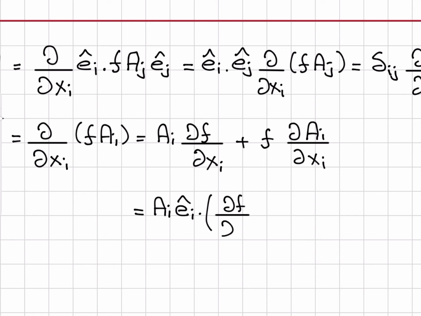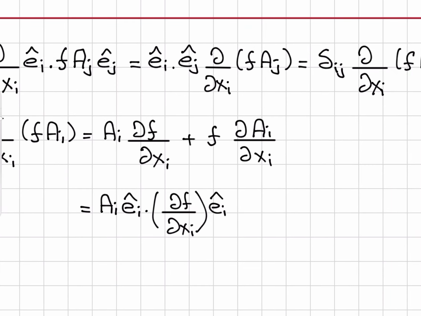So del f del xi ei hat, that's basically a vector dot product with the gradient of f. And on the other hand, here I have plus f times del xi ei hat dot product with ai ei hat. That's just the divergence of a.